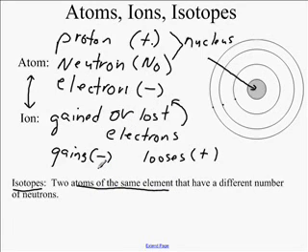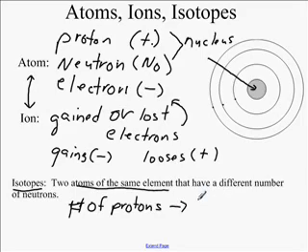And what determines what element a substance is, is the number of protons. So the number of protons is one of the most important things in an atom. The number of protons determines what the element actually is.